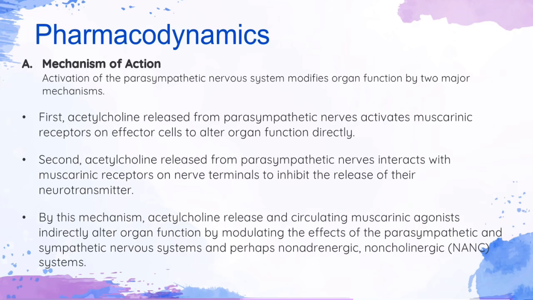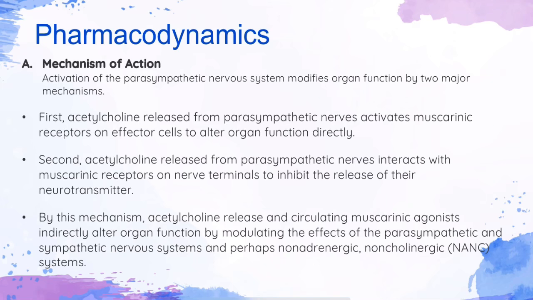So, the pharmacodynamics. The mechanism of action: first, acetylcholine released from parasympathetic nerves activates muscarinic receptors on effector cells to alter organ function directly. Second, acetylcholine released from the parasympathetic nerves interacts with muscarinic receptors on nerve terminals to inhibit the release of their neurotransmitter.